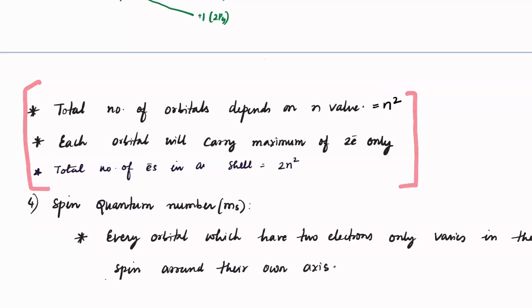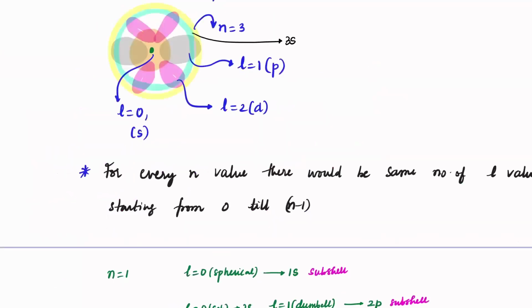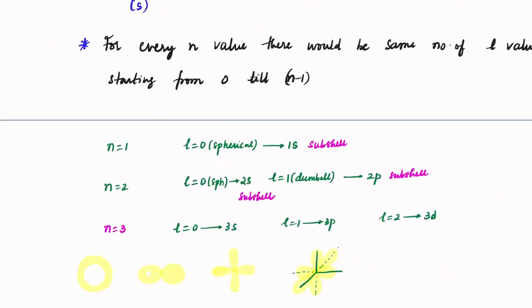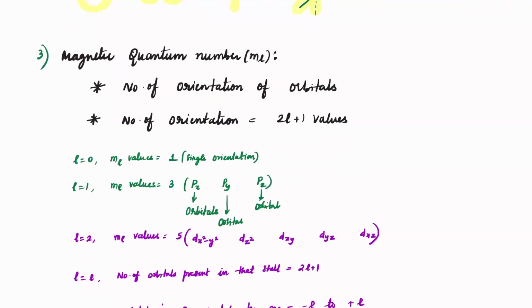Got it? So for every different quantum number, how are those values designated? Clear? I hope all of you understood this logic. These three quantum numbers are very, very important, everybody: the principal quantum number, the azimuthal quantum number, and the magnetic quantum number. In short, let me summarize. The principal quantum number tells us which orbit you are talking about: first orbit, second orbit, third orbit.